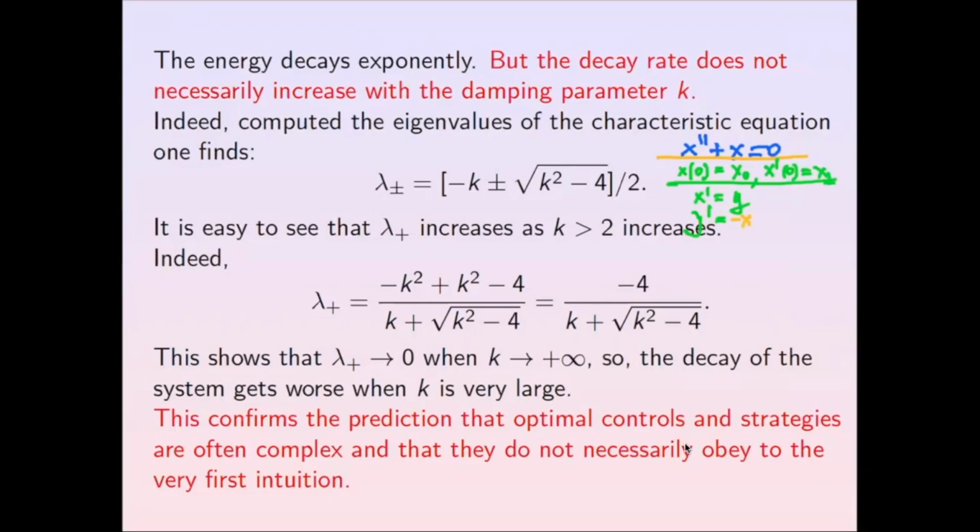So I can write, if I now define a vector (x, y) for the state, the differential equation becomes z prime equal Az, where A is the anti-adjoint matrix, right? 0, 1, minus 1, 0.